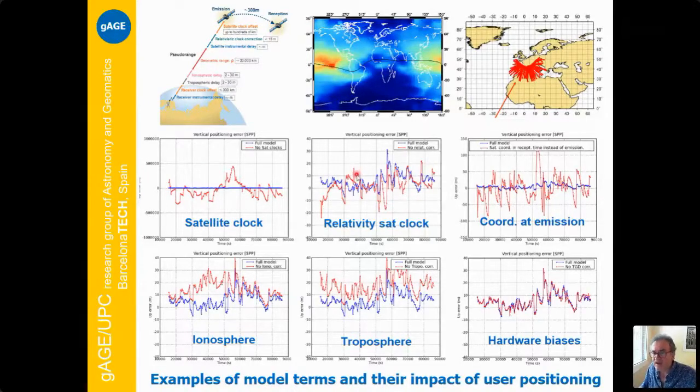Less important is the relativistic effect. This is the residual correction that we have to apply. Well, it's less important, but at the level of tens of meters, here up to 20 meters. Effect of the ionosphere, in red, neglecting the ionosphere can be up to 30 meters. Troposphere, hardware bias.